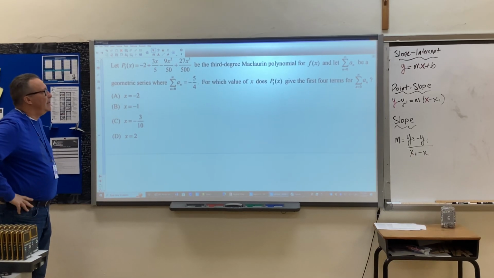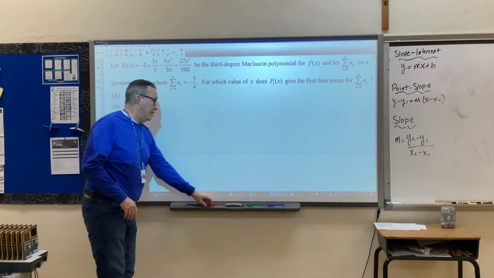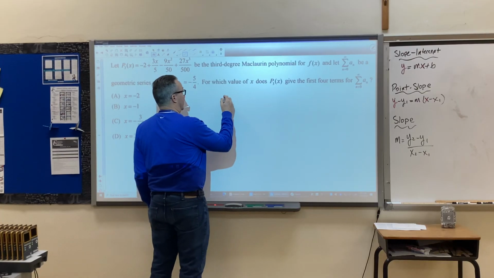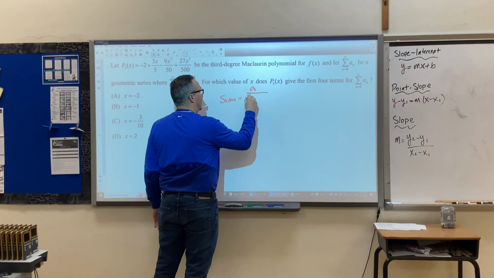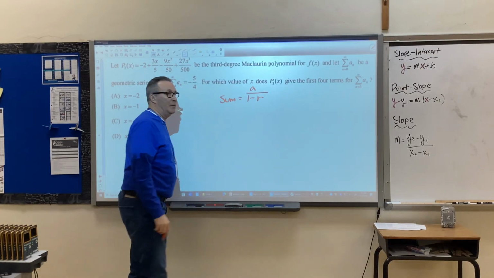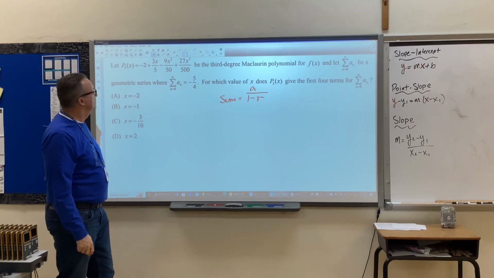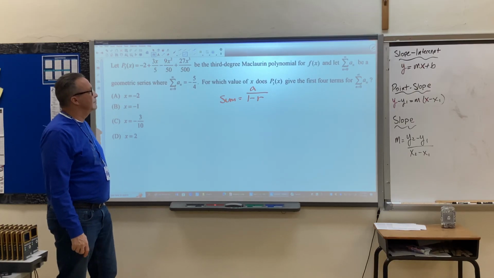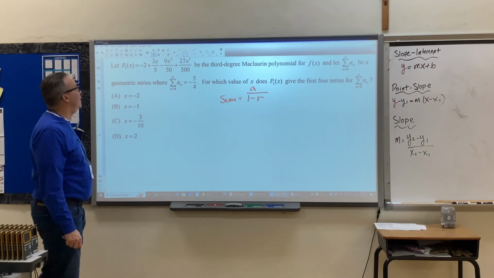I think I found the sum, because we know the sum. And we know the formula for the sum of a geometric series is the first term over 1 minus r. So we can solve for r.